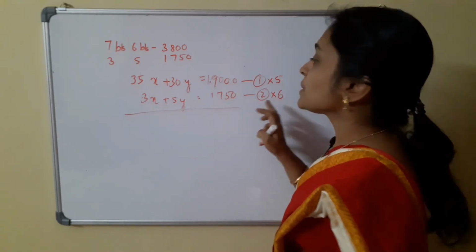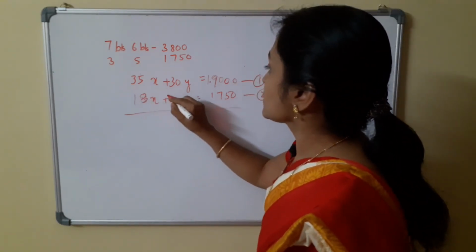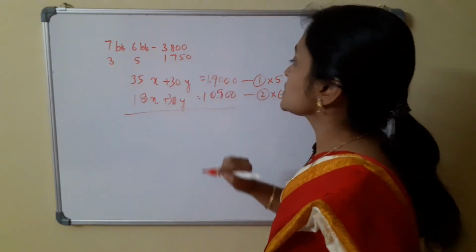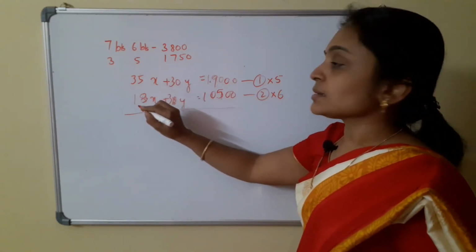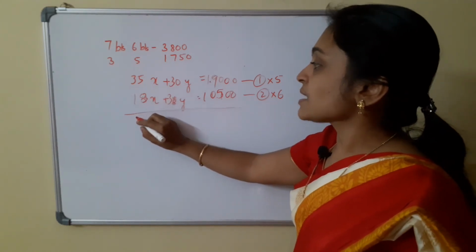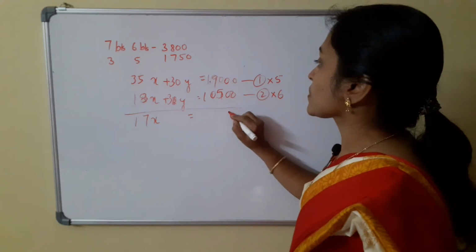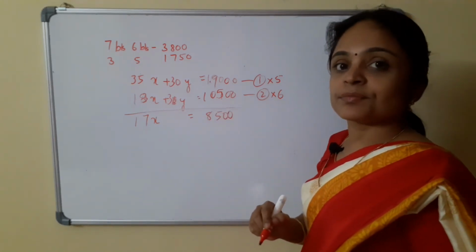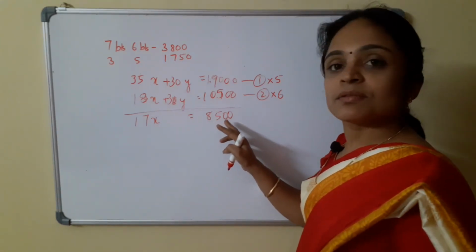Then multiplying this by 6, you will get 18x plus 30y equal to 10,500. Then subtracting. 35 minus 18 is 17, right? 17x equal to 8,500.